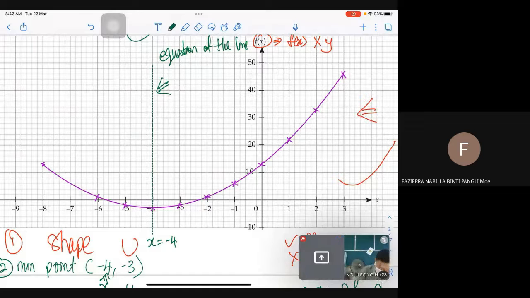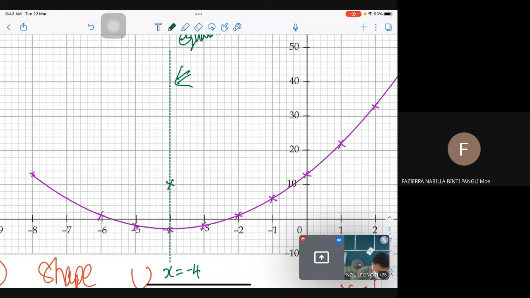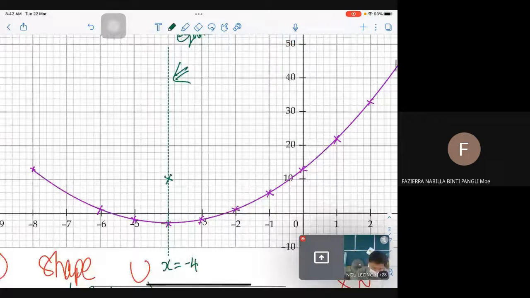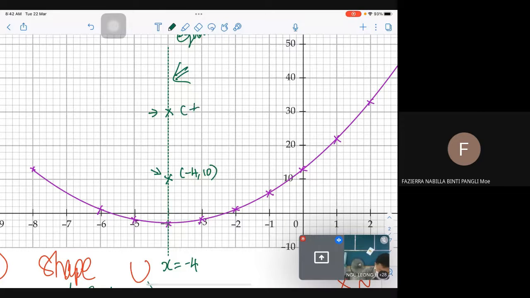This is the equation. Why is this -4? You see the value for, okay, this coordinate. What is the coordinate for this one? This one is (-4, 10). How about this one? This is (-4, 30).